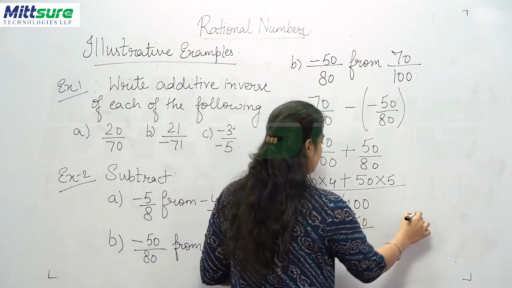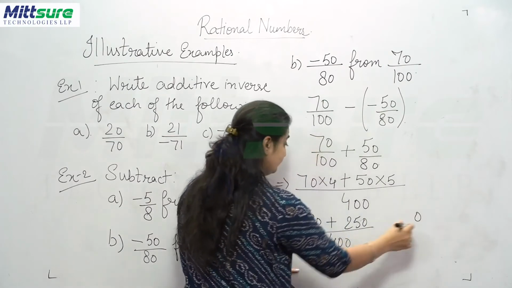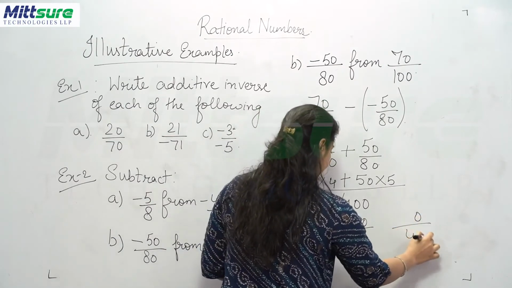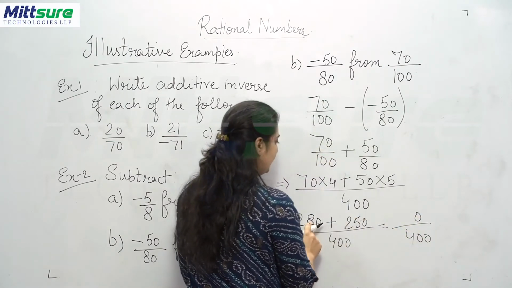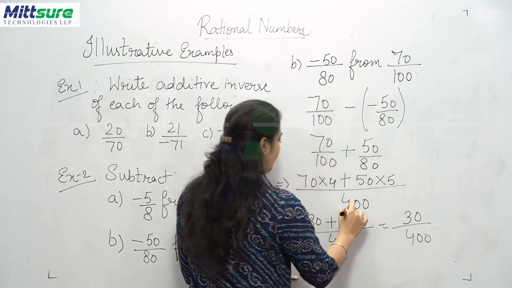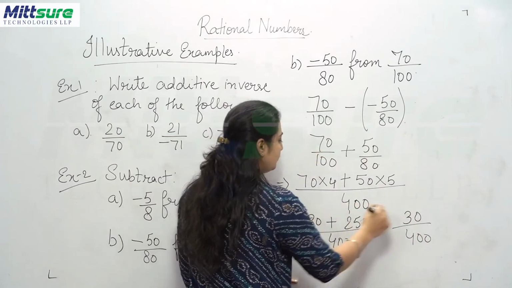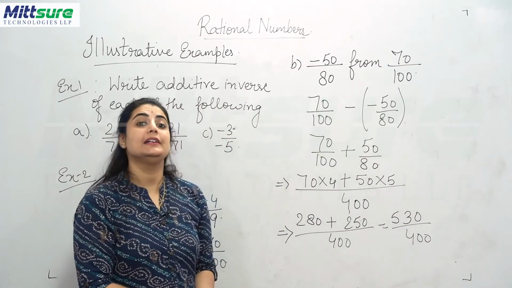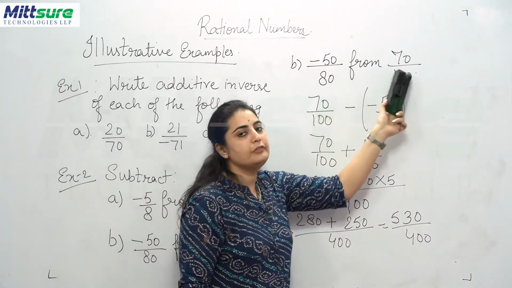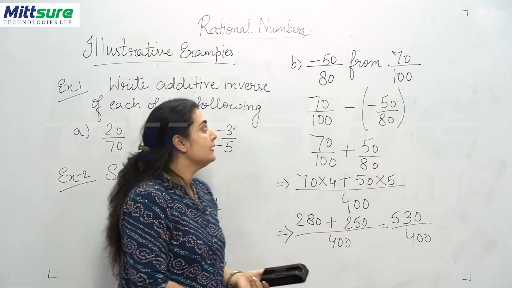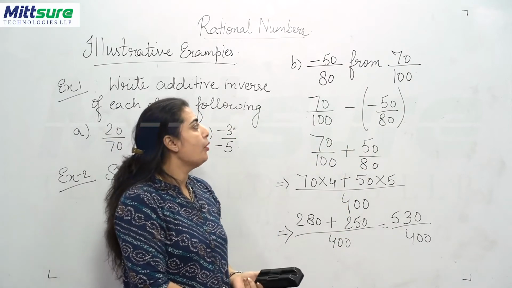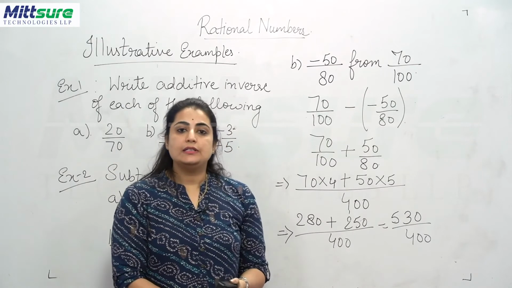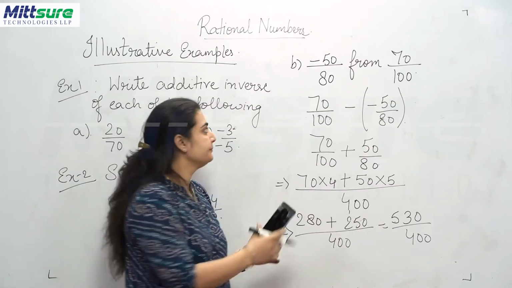Let's add 0 and 0, 0. 5 and 8, 13, 1 carry, 3 and 2, 5. So 530 upon 400 is the difference of the two numbers, that is minus 50 upon 80 and 70 upon 100.